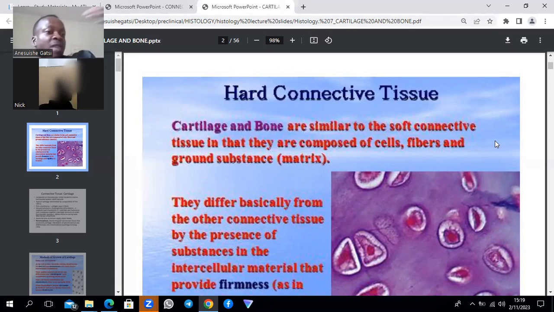Remember, I said there's a living component, which is the cellular component, and there's a non-living component, which is secreted by the living component, where we have the protein fibers. Then we also have the amorphous substance, which is the ground substance.